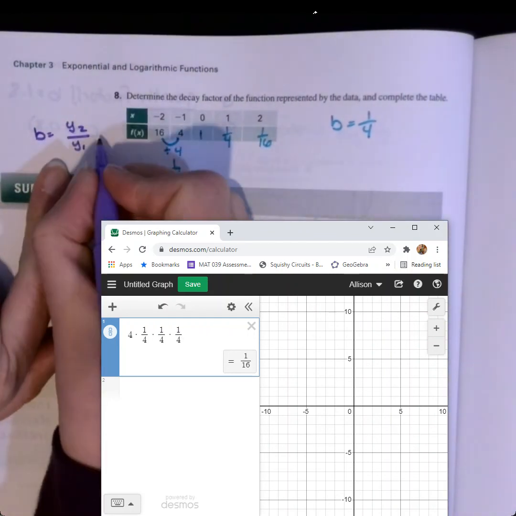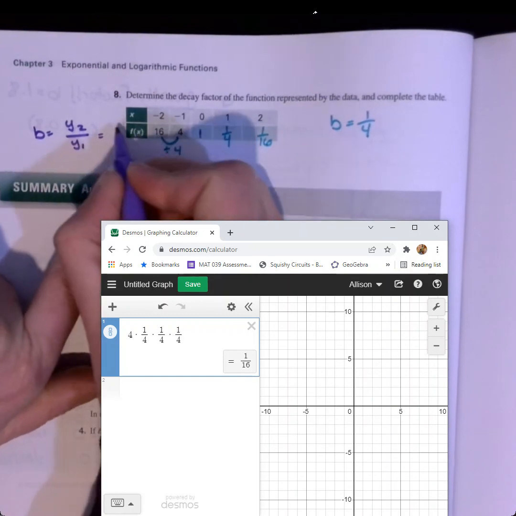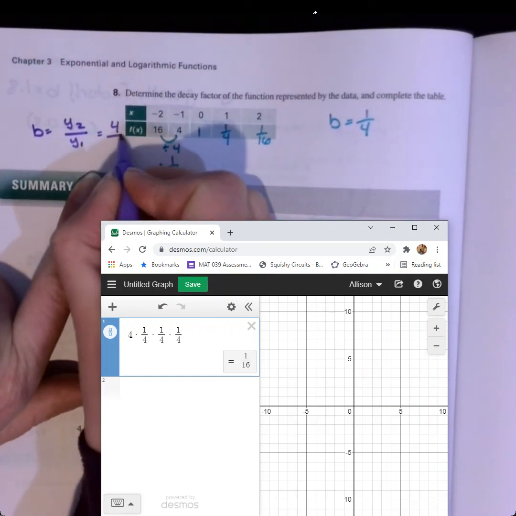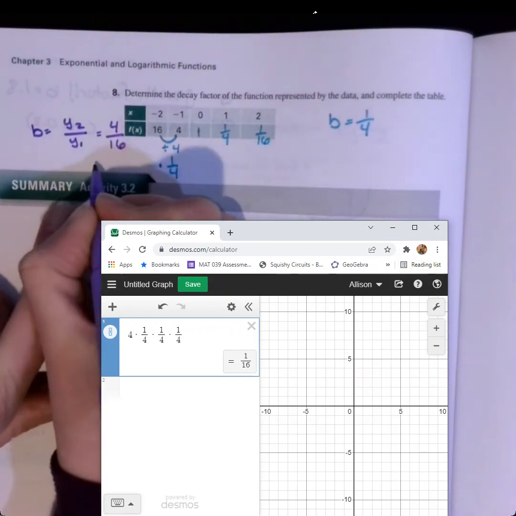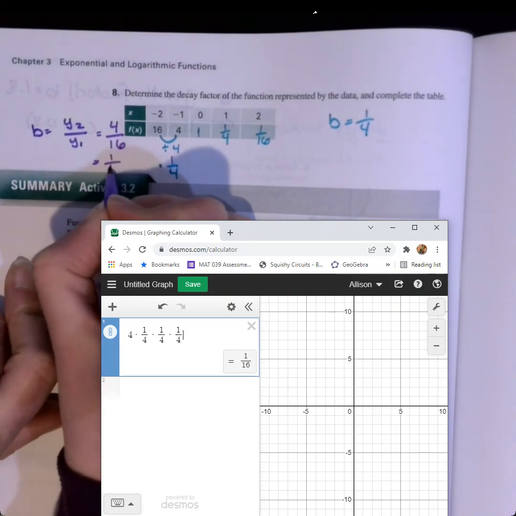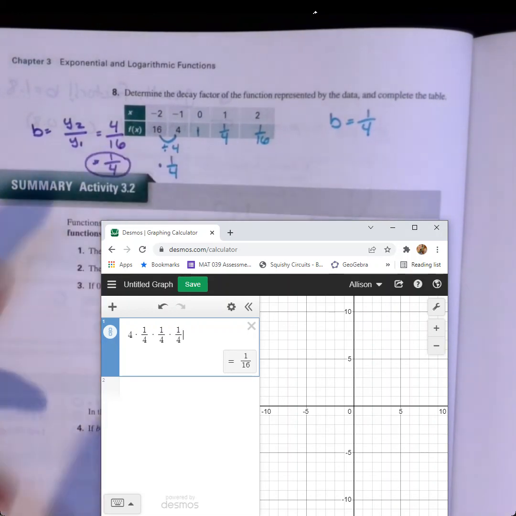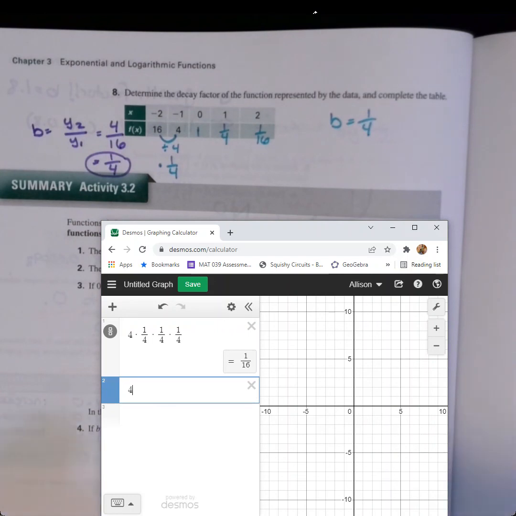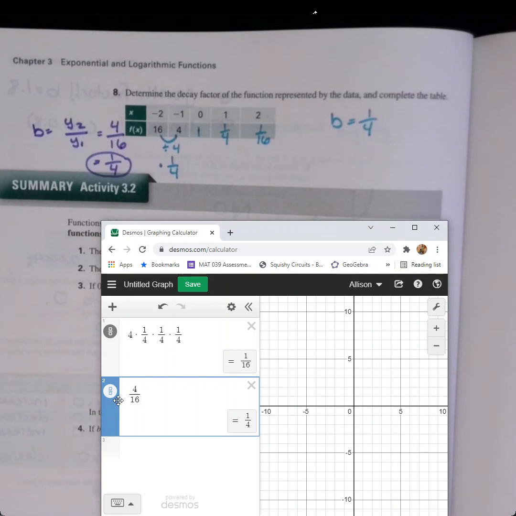But if I do that division directly, like if I took y2 divided by y1, 4/16, that's another way of achieving the base value of 1/4. And I hinted at that a little bit in the last section. That the base, if you have consecutive inputs, can be determined by the ratio of outputs for consecutive inputs. There we go.